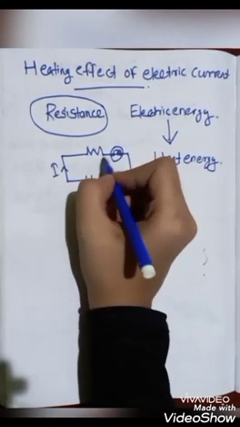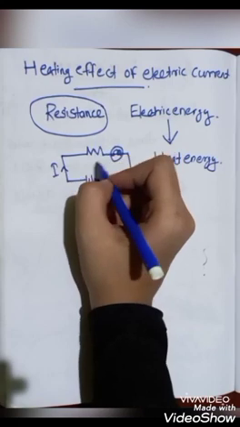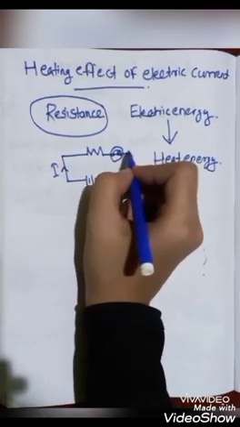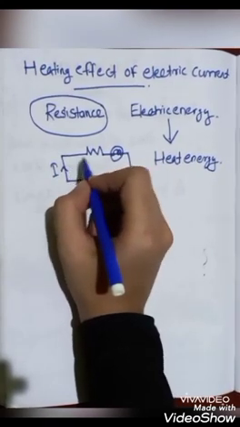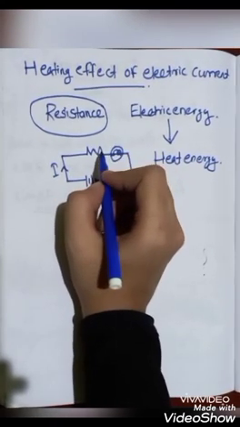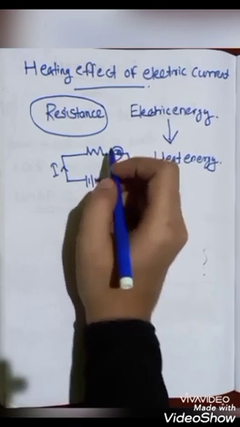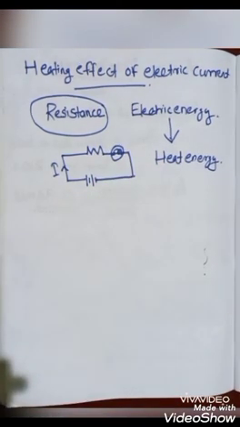The resistor is a wire, and this wire gets heated when current flows through it. Okay, hope that is clear. This is the concept of the heating effect of electric current.